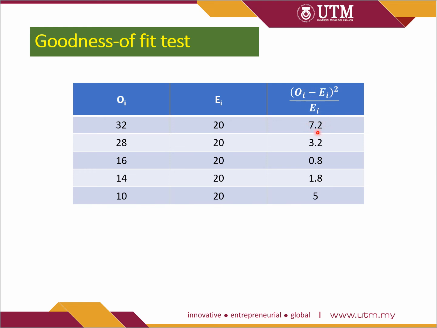To get 7.2, it is 32 minus 20, squared, divided by 20, which gives 7.2. Same goes for the rest of the categories. To know the value of the chi-square test, we find the summation of this column. So chi-square is equal to 18.